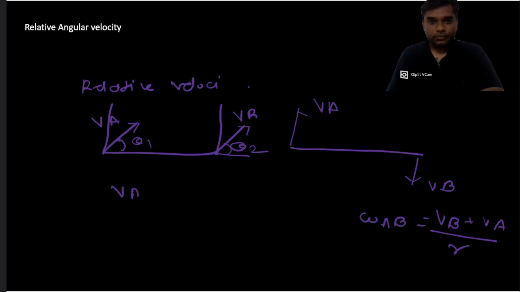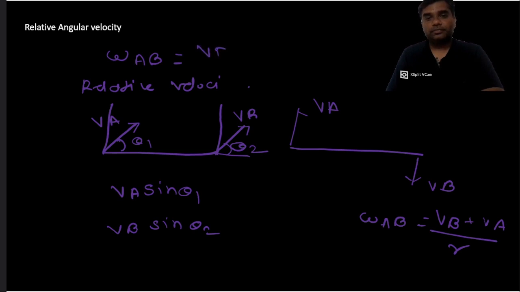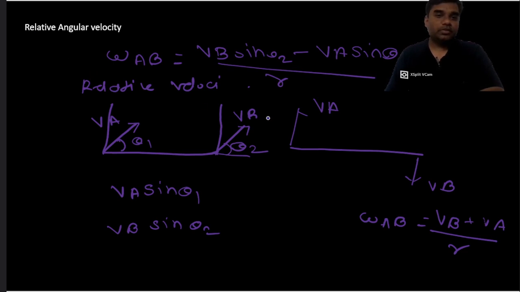We can write va sin theta 1 and vb sin theta 2, and then omega ab is equal to (vb sin theta 2 minus va sin theta 1) upon r. You just have to take the sine component of the velocity.